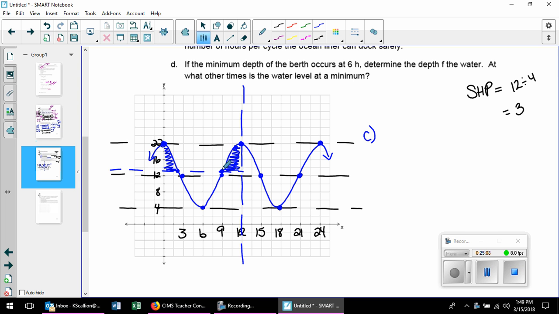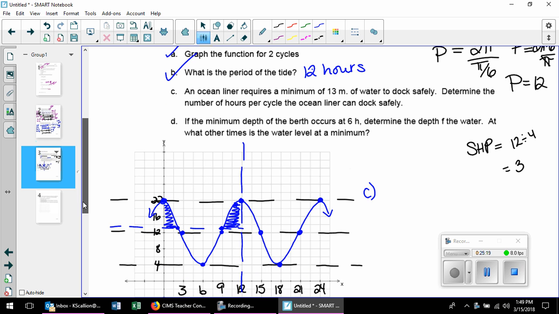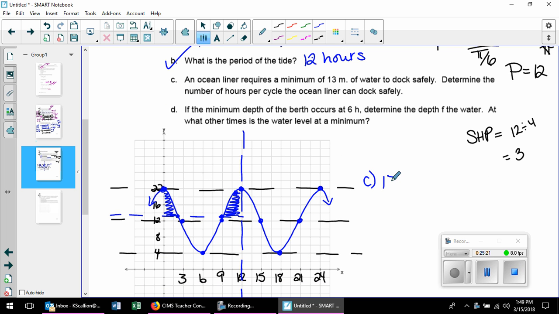So what we're going to do is, my equation, I have the equation again. What's the depth that I need to be at? 13. So I want to find out where my graph hits 13. 8 cos(pi over 6 t) plus 12.